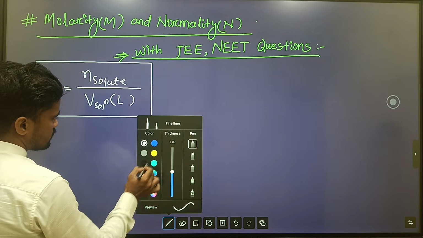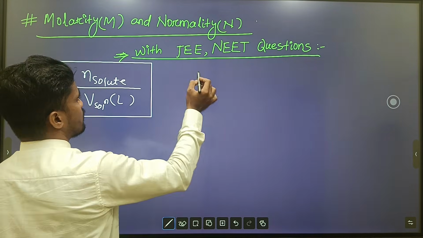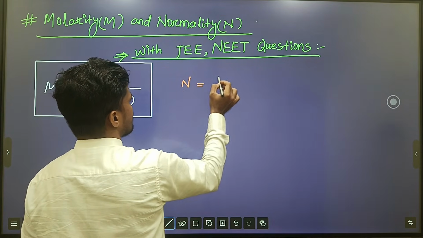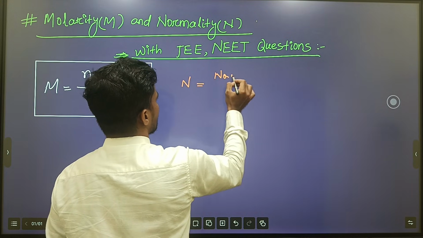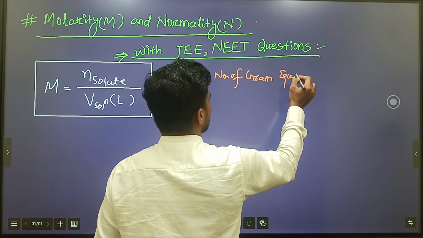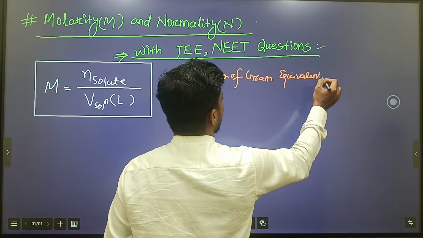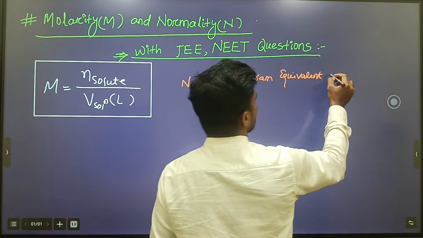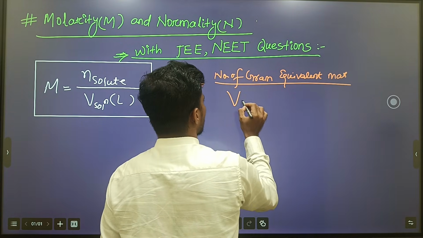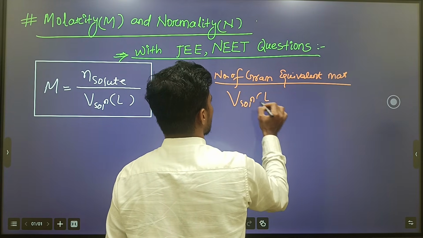And what about normality? Normality is equal to number of gram equivalent mass upon volume of solution in liter.